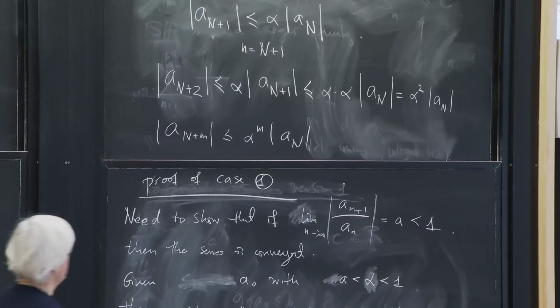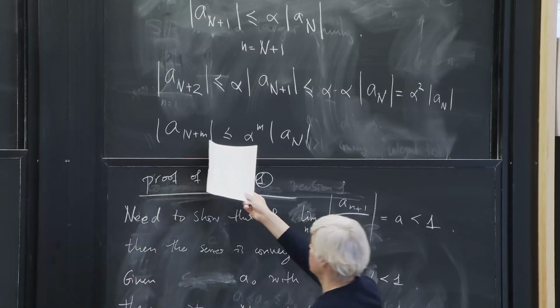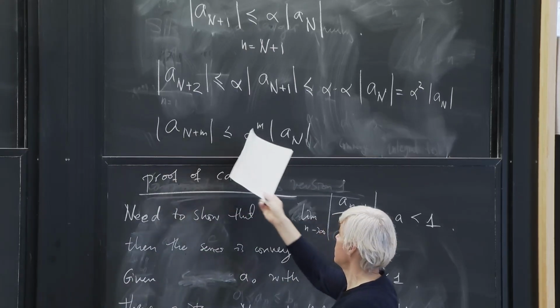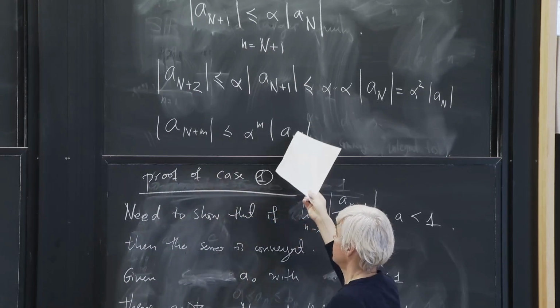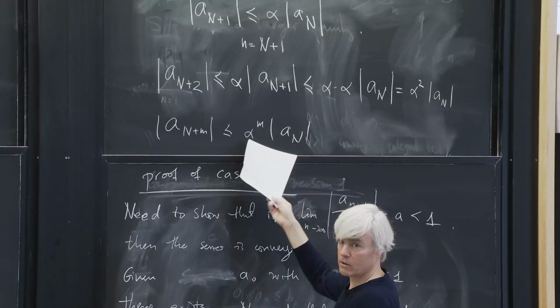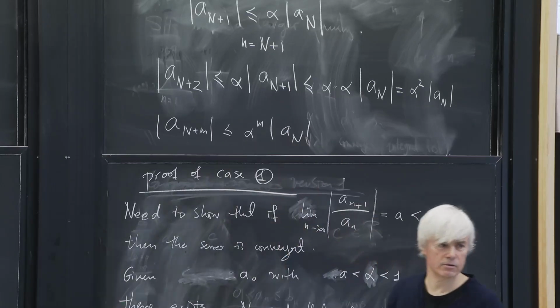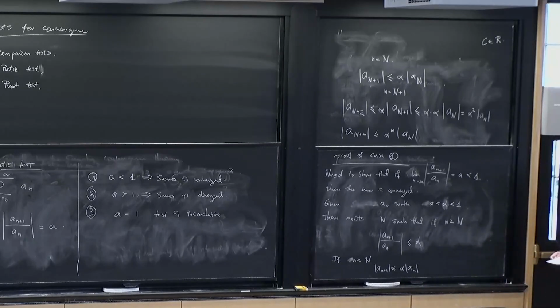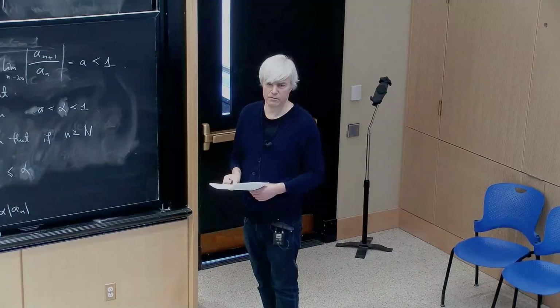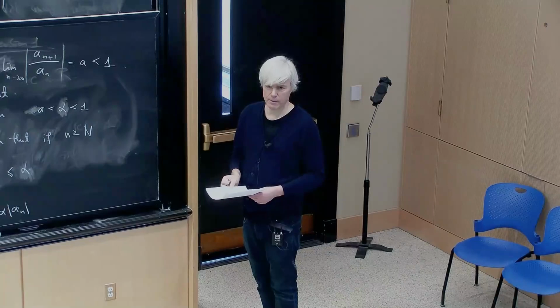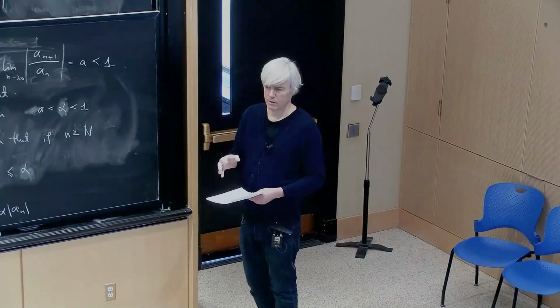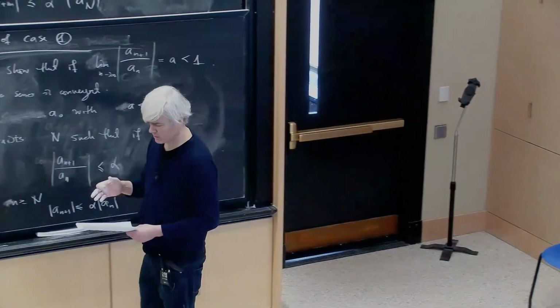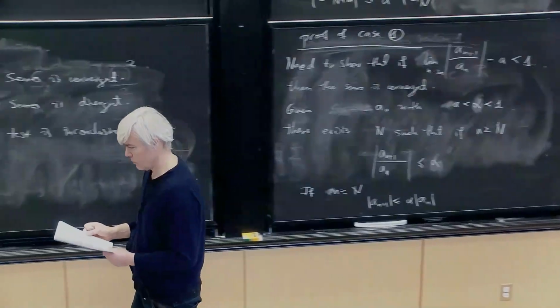And so this says that at least the tail of the a_n sequence is just some fixed constant. This here is a convergent geometric series. So the tail is bounded by a convergent geometric series, so you can just apply the first comparison test to prove that the series a_n is actually convergent.